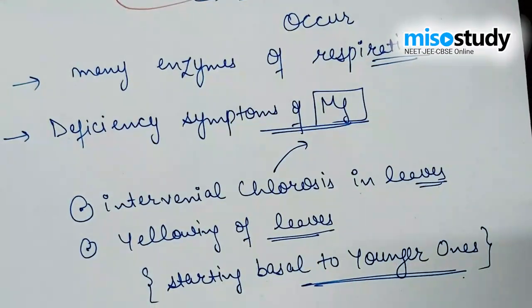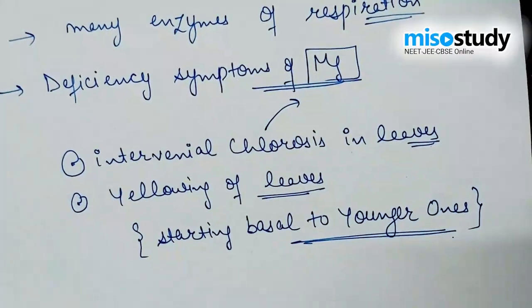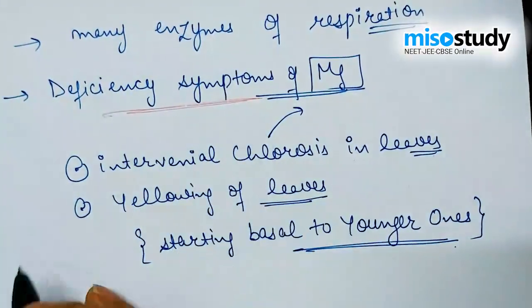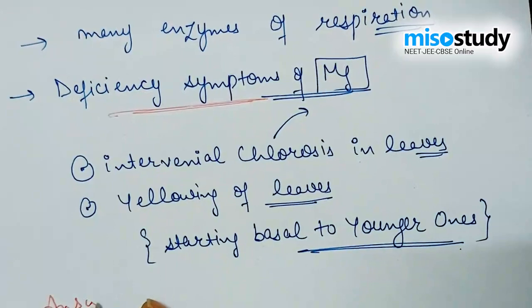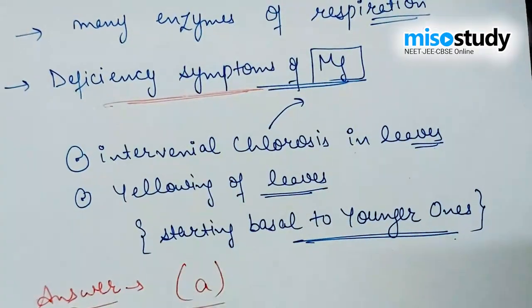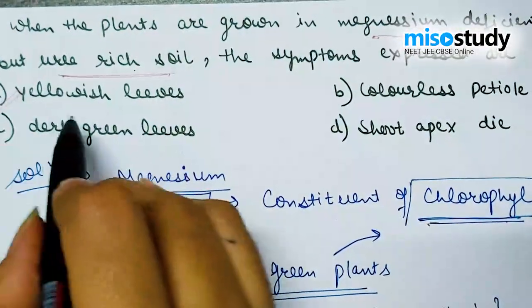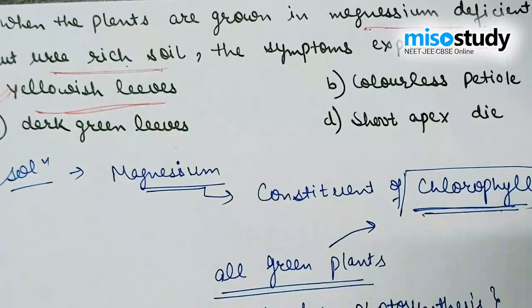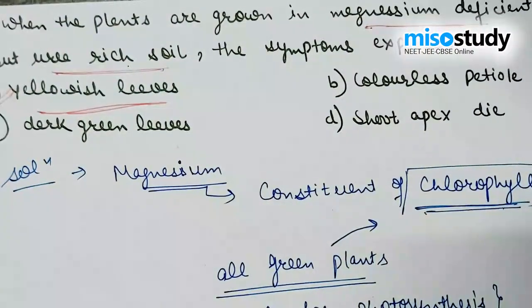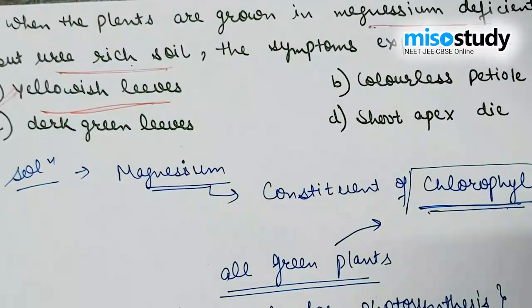According to all this discussion about the beneficial and essential role played by magnesium and its deficiency symptoms, the right answer for the question is option A. Let's mark the right one, that is yellowing of leaves, and that yellowness starts from the basal to the younger leaves as we discussed.